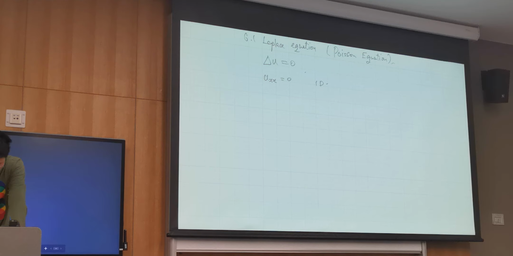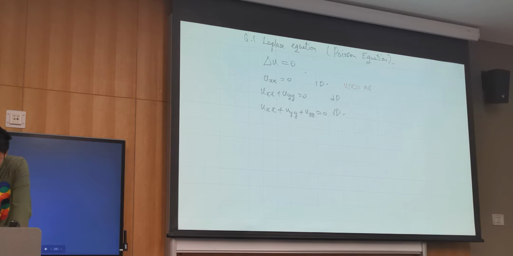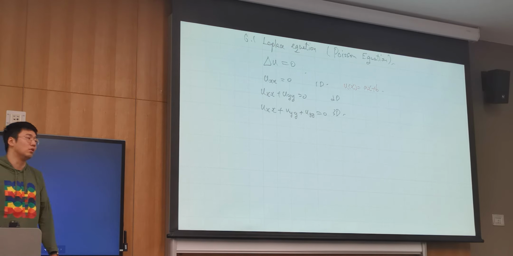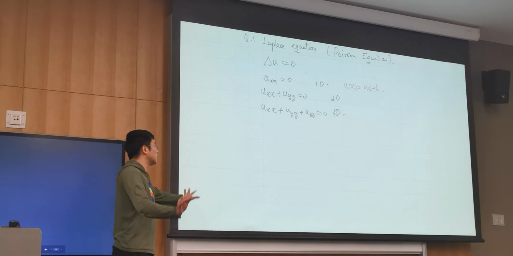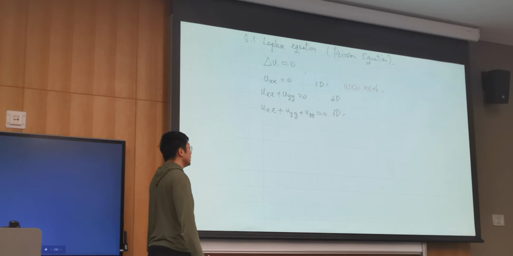And that also means that uxx plus uyy equals 0, or uxx plus uyy plus uzz equals 0, in 2D and 3D. In 1D the solution is going to be very straightforward. The only possible solution is going to be something like u(x) equals ax plus b. There's nothing else. This is everything that it could ever include.